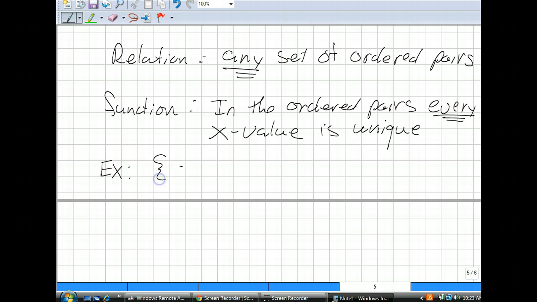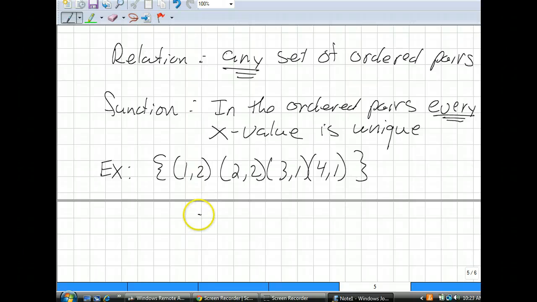So for example, let's say I have the set of ordered pairs (1, 2), (2, 2), (3, 1), and (4, 1). Okay? This is a relation. It's definitely a relation because it's a set of ordered pairs. This relation has a domain of 1, 2, 3, and 4.